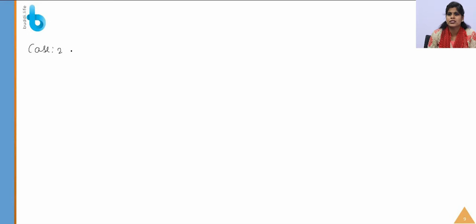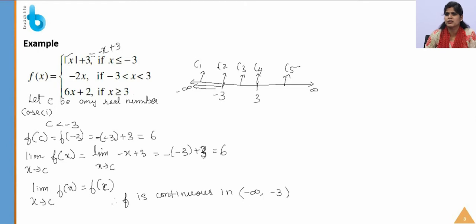Case 2 is, let me take c equal to minus 3. As we discussed, our second case will be the value exactly at minus 3. Exactly at minus 3, we will take the left hand limit and also the right hand limit.